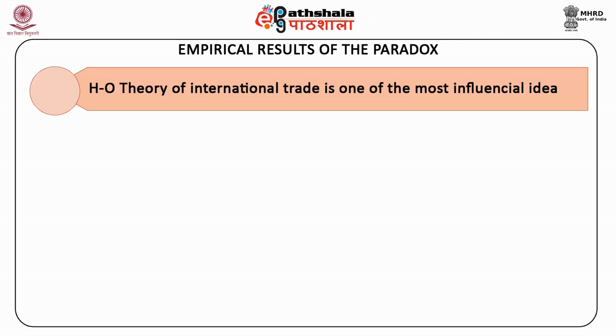The HO theory of international trade is one of the most influential ideas in international economics. Therefore, it has been a subject matter of extensive empirical testing. The most important empirical testing was done by Leontief on US data.